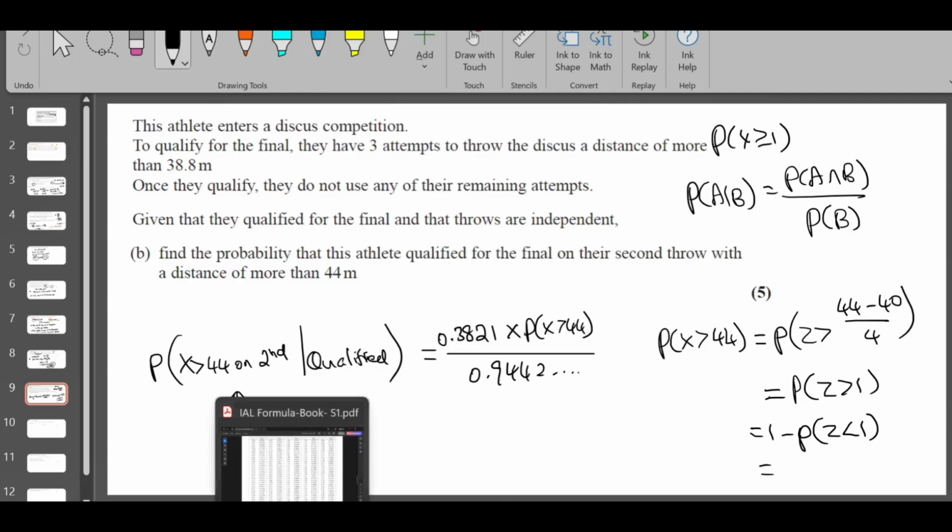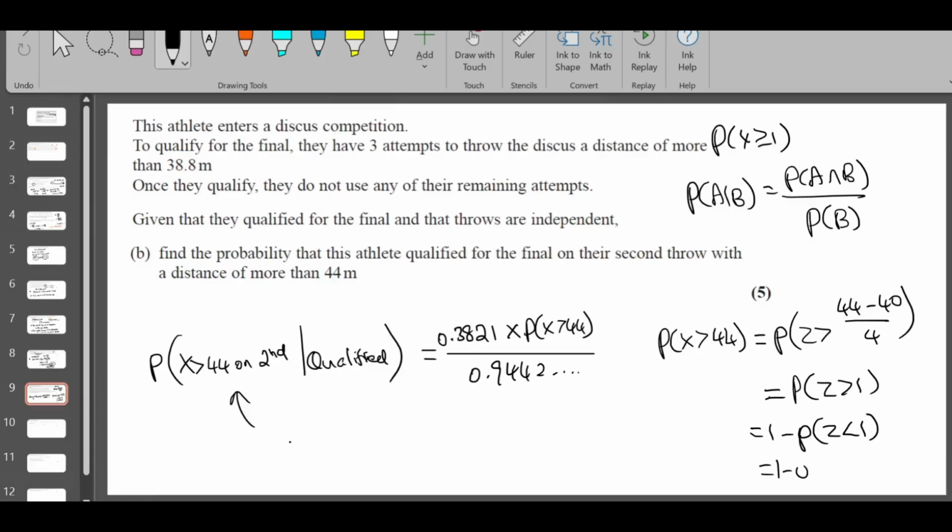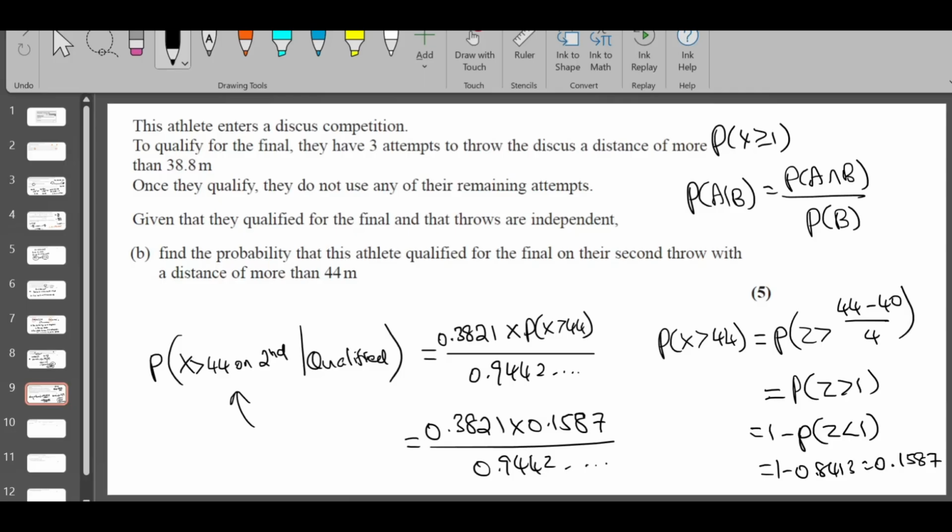Z less than 1 is here, 0.8413. So you will get 1 minus 0.8413 is 0.1587. So the probability here is on top 0.3821 times 0.1587 over this. We need to calculate this now.